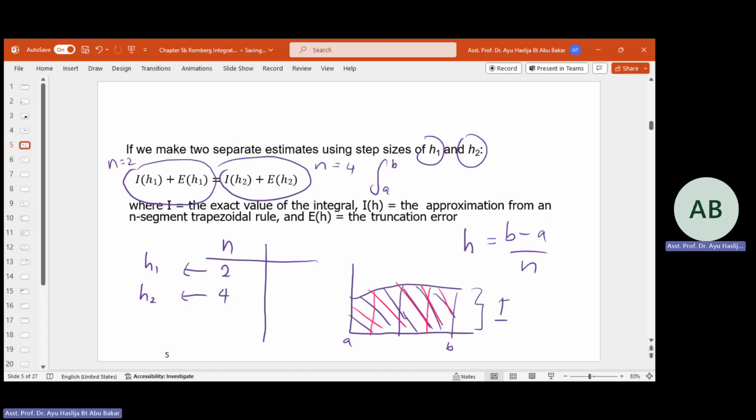That's why I for H1 plus the truncation error is equal to I for H2 plus its truncation error, because in both of these, we want to find the area under the curve.